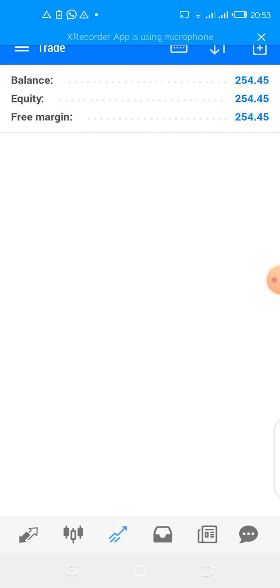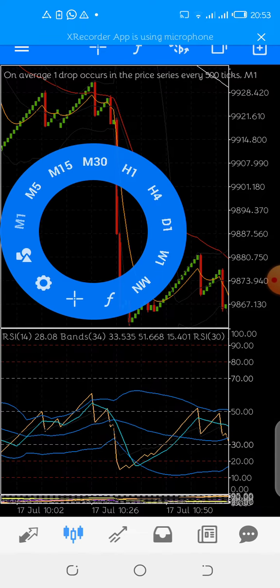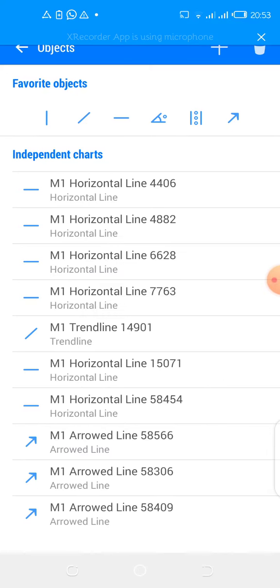When you come to the chart, you tap anywhere, and this round menu will appear. This first tab showing the square is for when you want the drawing tools, lines, angles, whatever.